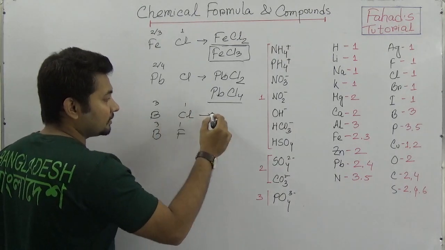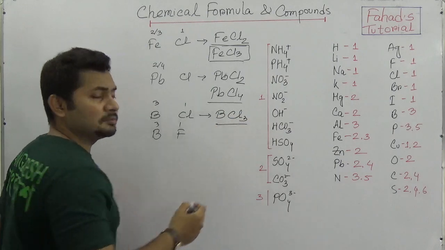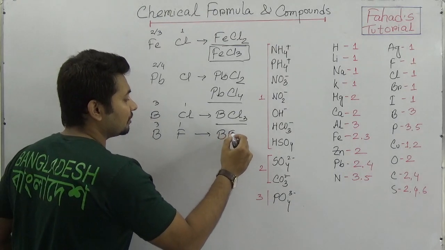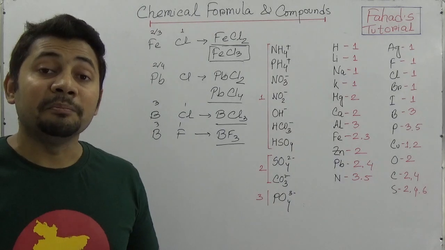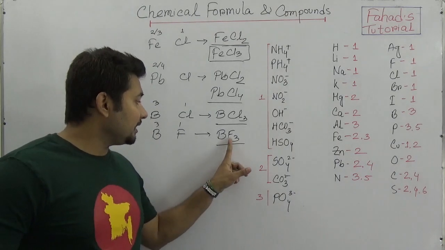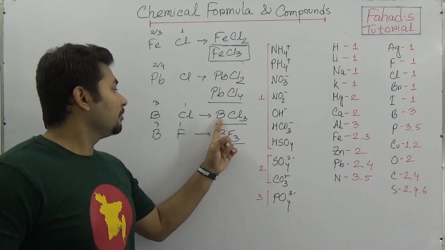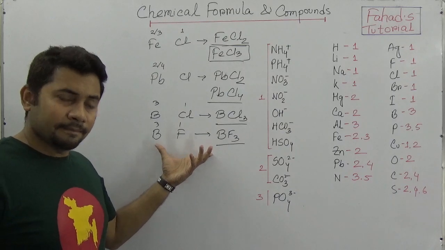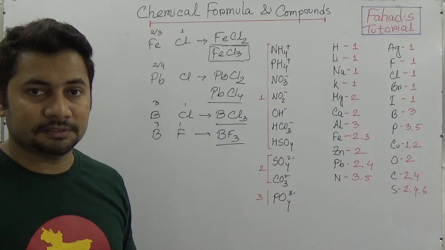Now the compound should be BCl3, which is boron trichloride, and here it would be boron trifluoride, the chemical formula BF3. We can say this because we are forming the compounds following very simple rules.